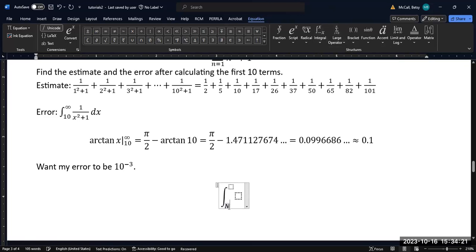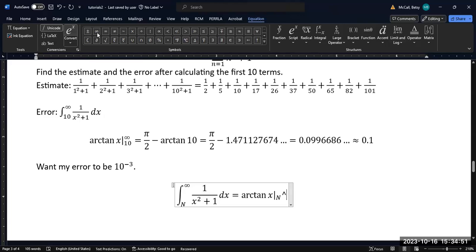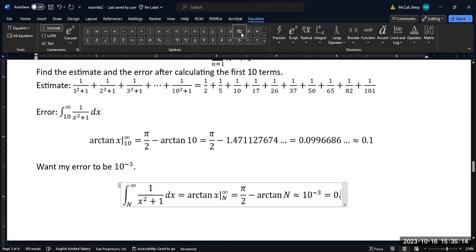So I would still have the integral from capital N to infinity of 1 over x squared plus 1 dx, and I would still end up with my arctan of x going from n to infinity, and that would still give me pi over 2 minus arctan n, and then I would set that to be approximately equal to 10 to the negative third, or 0.001.